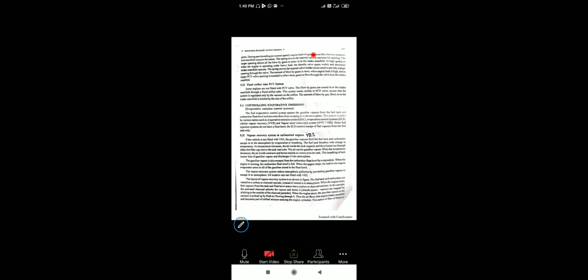Whatever gas comes out from the engine after the combustion has to be controlled. Control means it should not be exposed to the atmosphere.